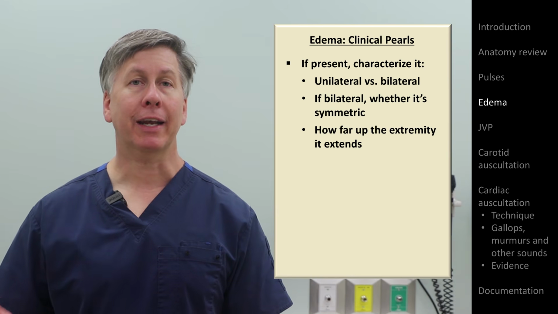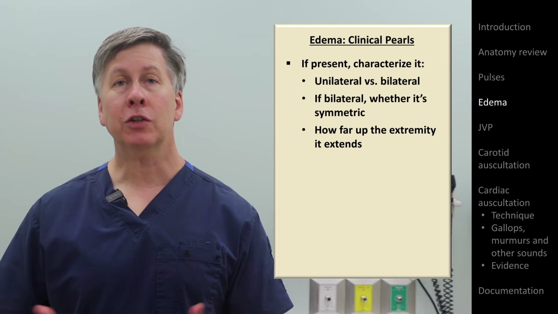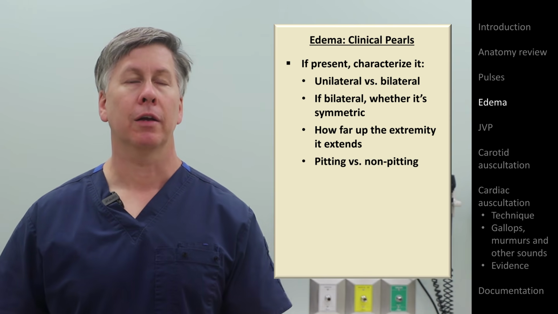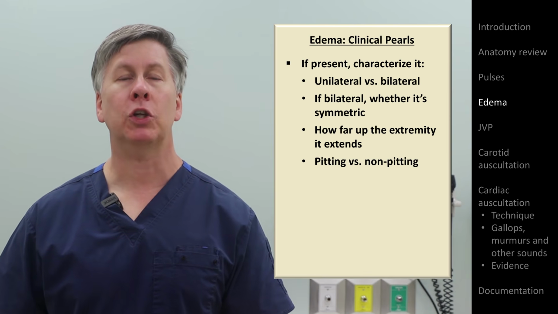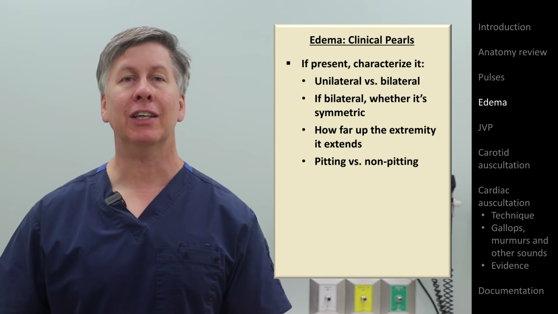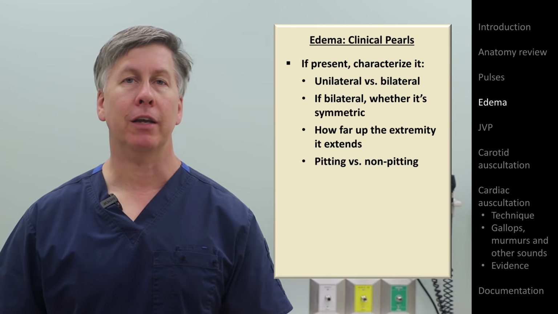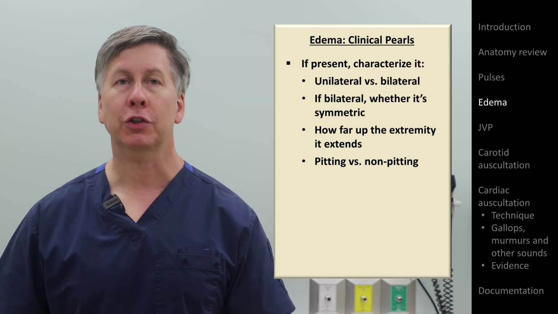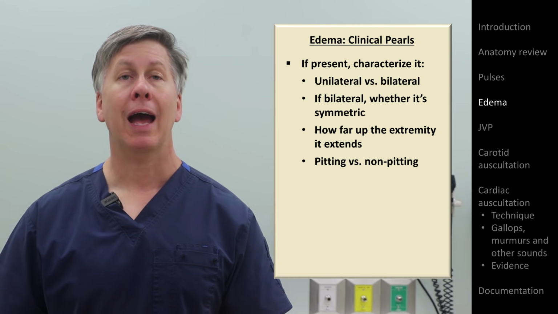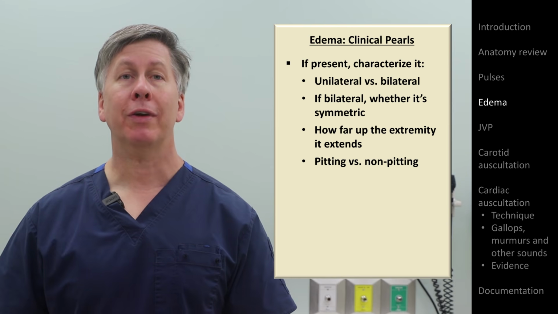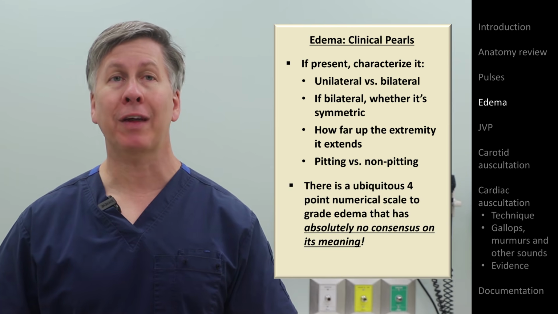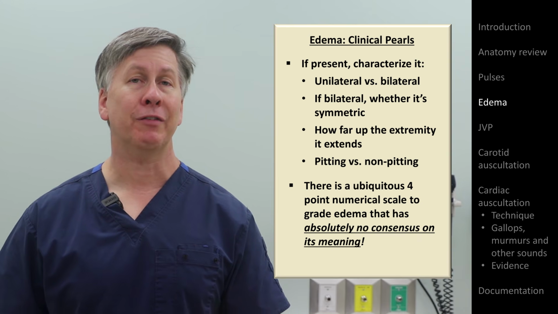Describe how far up the leg it extends, and also describe it as either pitting or non-pitting, in which pitting edema is that in which an indentation transiently remains in the patient's skin even after you remove pressure from your finger. As with the pulses, there is a 4-point numerical scale that is used to grade the severity of edema.